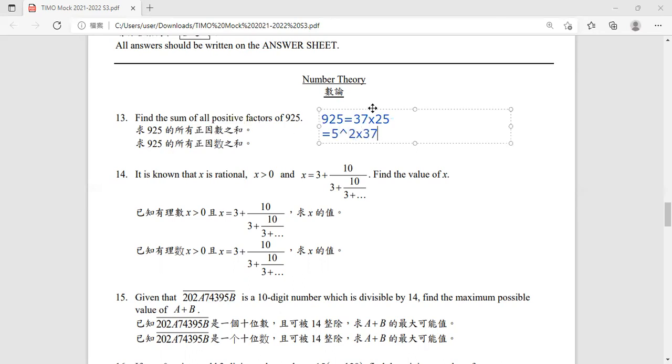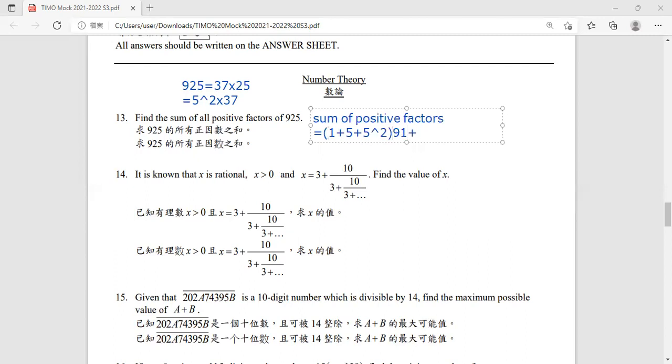And the sum of positive factors equals 1 plus 5 plus 5 squared, times 1 plus 37, which equals what? Any questions?